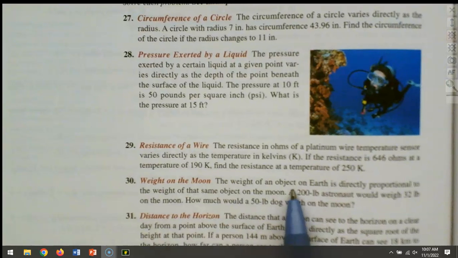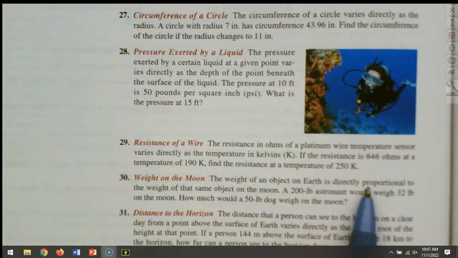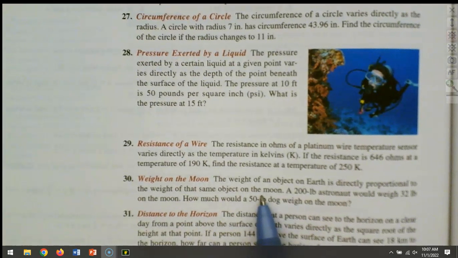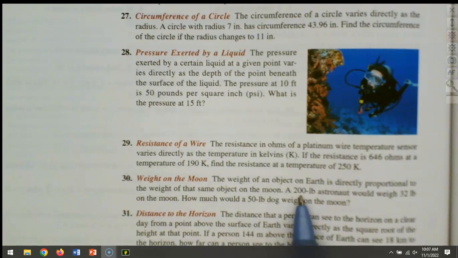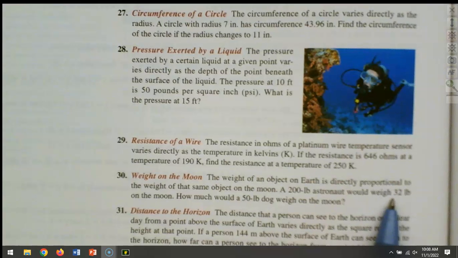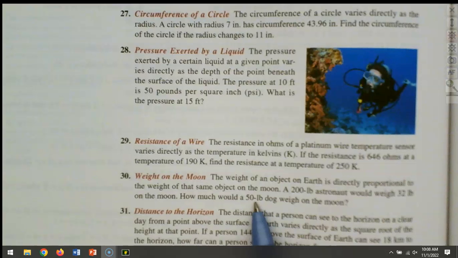The weight of an object on Earth is directly proportional to the weight of that same object on the moon. A 200-pound astronaut would weigh 32 pounds on the moon. How much would a 50-pound dog weigh on the moon?